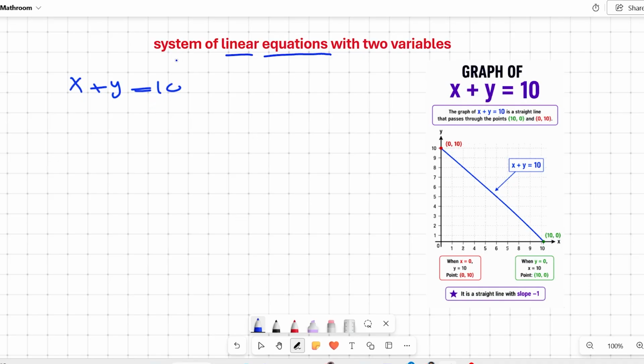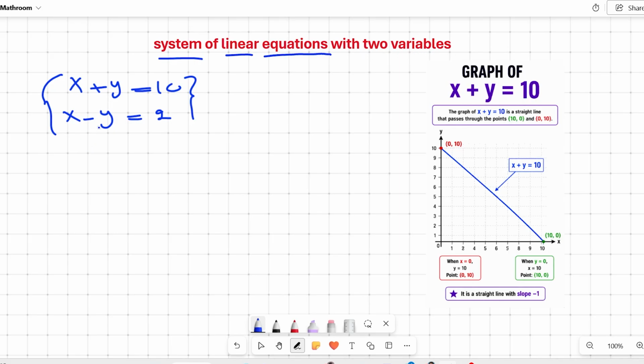Now, what does a system of linear equations with two variables mean? It means that when we have more than one linear equation, we call that a system of linear equations, like x plus y is equal to 10 and the next one, x minus y is equal to 2. These two linear equations form a system of linear equations with two variables.